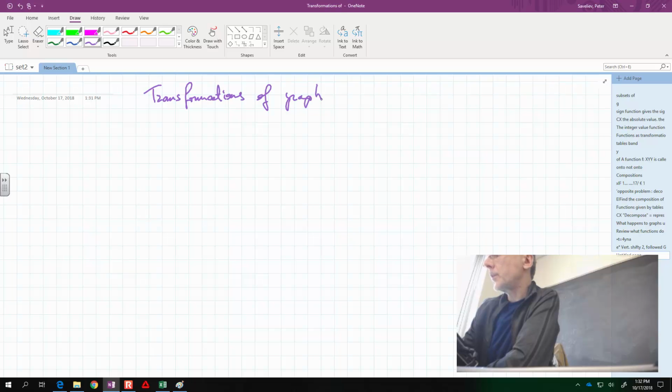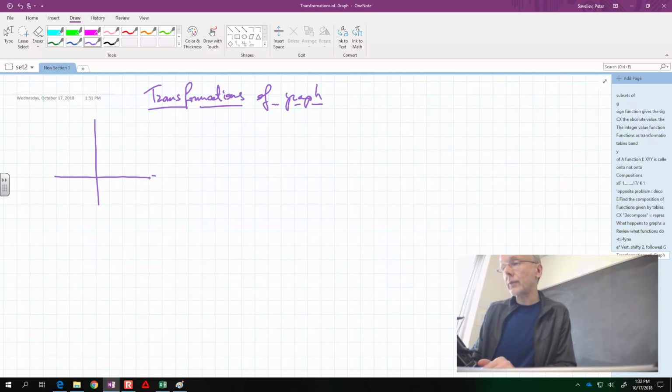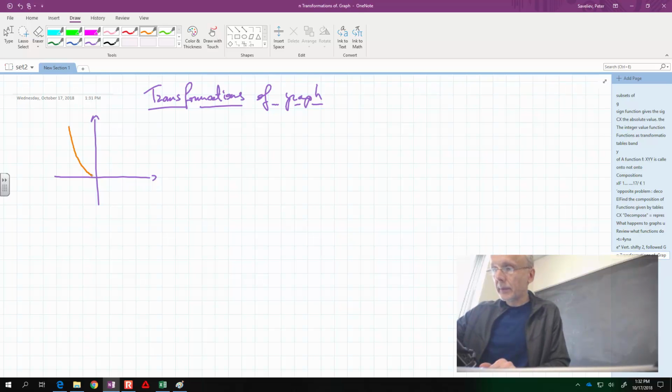So at this point, we're not talking yet about what happens to the function itself. I just want you to see what happens to graphs of functions as we transform them. Okay, so let me take a parabola, which is the most popular. I plot the standard parabola, and I'll carry out those 6 operations on it.